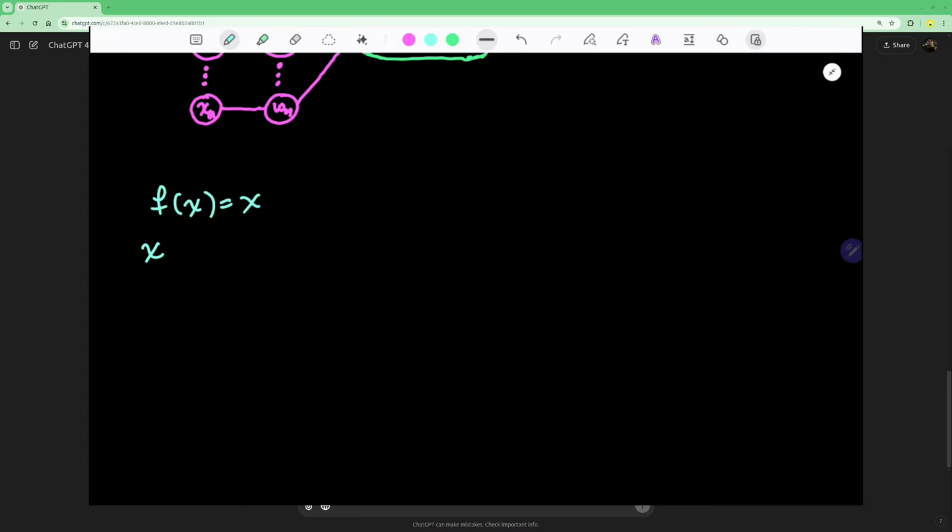So what will the output of this be? wx plus b. This is the linear equation. This gives me a line, right? So in one-dimensional input space, the neuron defines a line. I didn't get it properly.